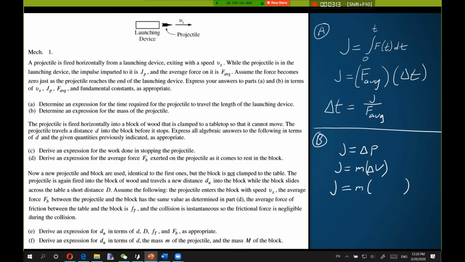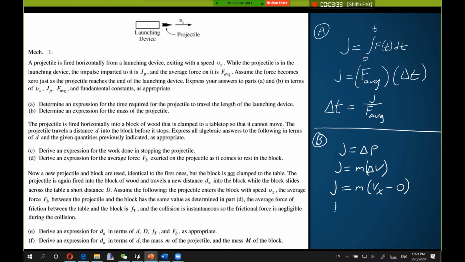Okay, what's my v final right now if we're looking at the end of the launching device? Vx, and what's my v initial? 0. So we started at rest, and then we ended up getting to a velocity of whatever it launched from the launcher at.